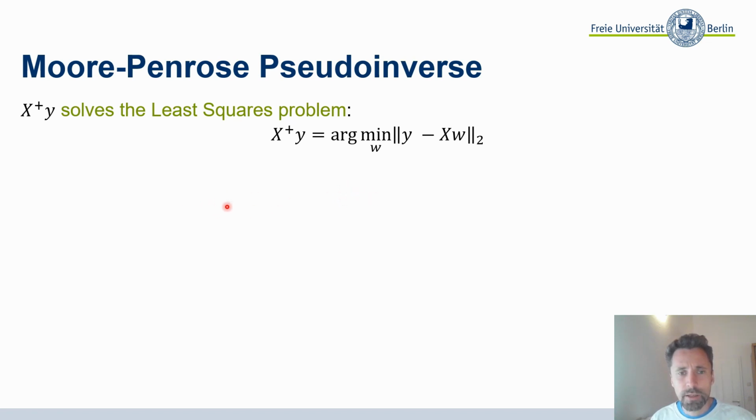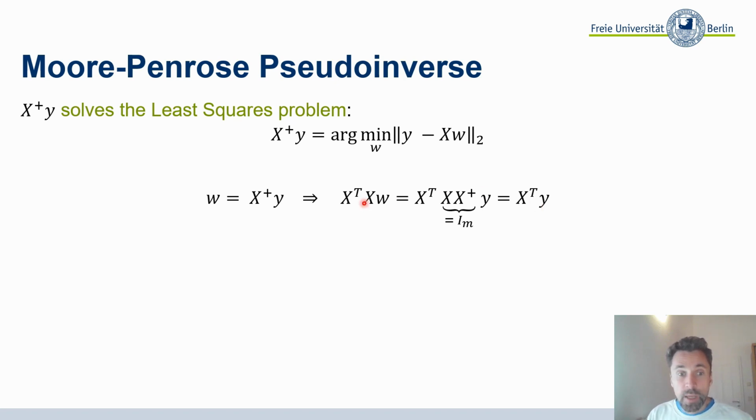So w becomes x transpose x w, and the right side becomes x transpose x, x plus times y. And as we've seen in the previous slide, this has been defined as the identity matrix. So this collapses to x transpose y. And x transpose x w equals x transpose y was what we found should hold in the least square solution, so at the solution of the minimization problem.